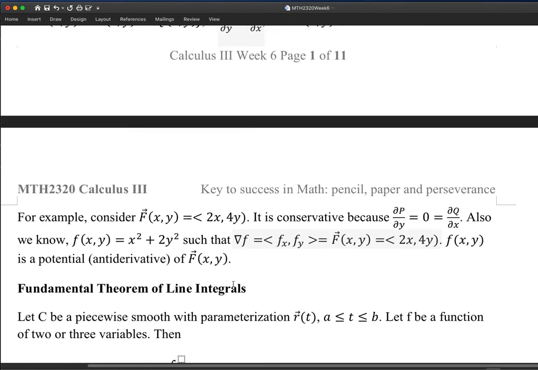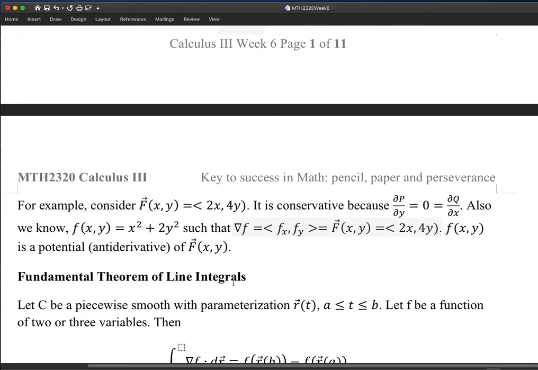And now let's get to the real business for section 6.3. It's a general conclusion for the line integral when the vector field is conservative. It is called the fundamental theorem of line integrals. First, let's clarify a piecewise curve.